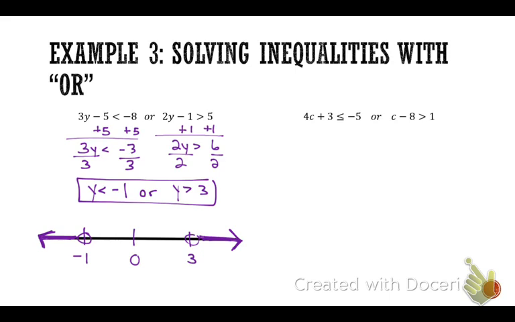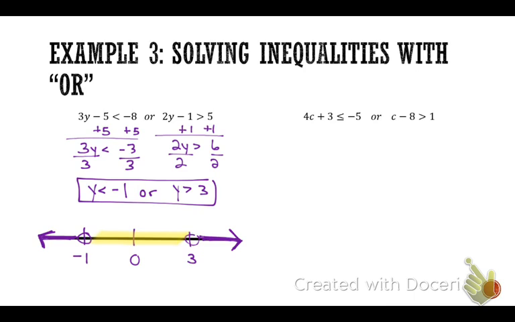And if I were to plug in 0 over here, -1 is not greater than 5. Basically, all the numbers in between here are the only numbers that would not be a solution. Because if I pick any number greater than 3, it's going to make the one on the right true. If I pick any number less than -1, it'll make the one on the left true. It could be either one.